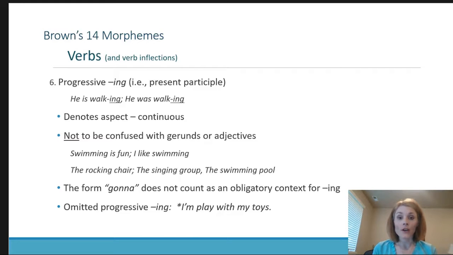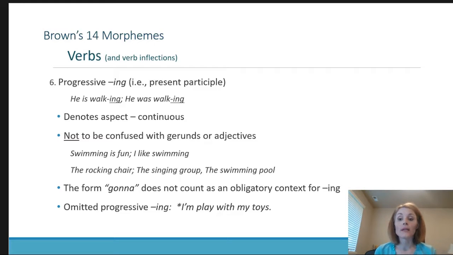So the rocking chair, the singing group, or the swimming pool, these are all adjectival forms. The rocking chair, rocking, is not being used as a verb. We're not saying that the chair is rocking. We're saying it's a rocking chair, right? So rocking in this case is an adjective describing what type of chair it is.